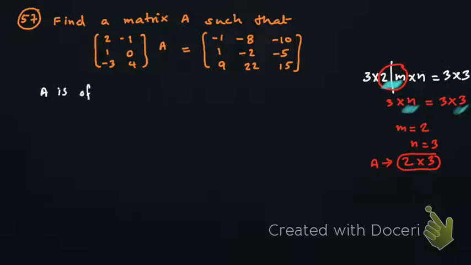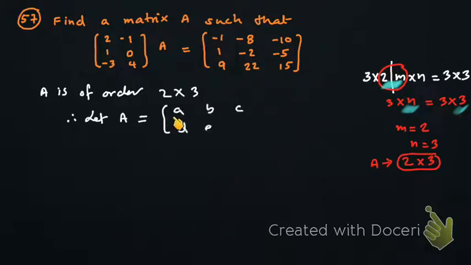Let A be of order 2 by 3. Therefore, let A be assumed as the matrix A, B, C, D, E, F, which has 2 rows horizontally and 3 columns vertically. So it's a 2 by 3 matrix. So we found the matrix A.